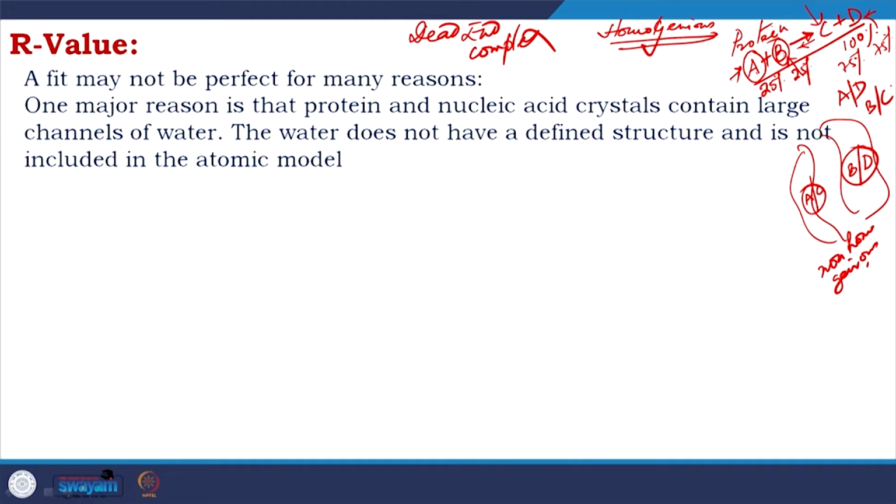This is called the dead end complex used in protein crystallography. So why am I talking about that? When we are doing that, it is out of your possibility to check whether your protein is actually active or not in the crystal structure, because you have given dead end complexes. So they are not reacting anyway.